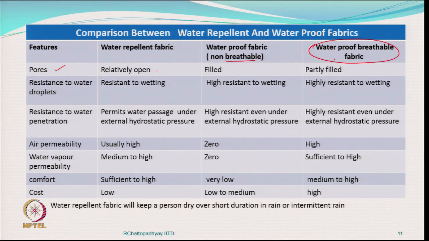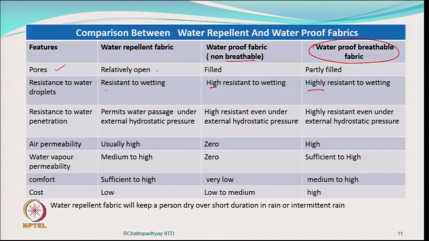But in the case of waterproof breathable fabric, the pores are partially filled. There are very fine pores through which the moisture can escape. Regarding resistance to water droplets, water repellent fabric has resistance to wetting, waterproof fabric is very highly resistant to wetting, and waterproof breathable fabric is also highly resistant to wetting. So, these two are highly resistant and this one is just resistant to wetting.